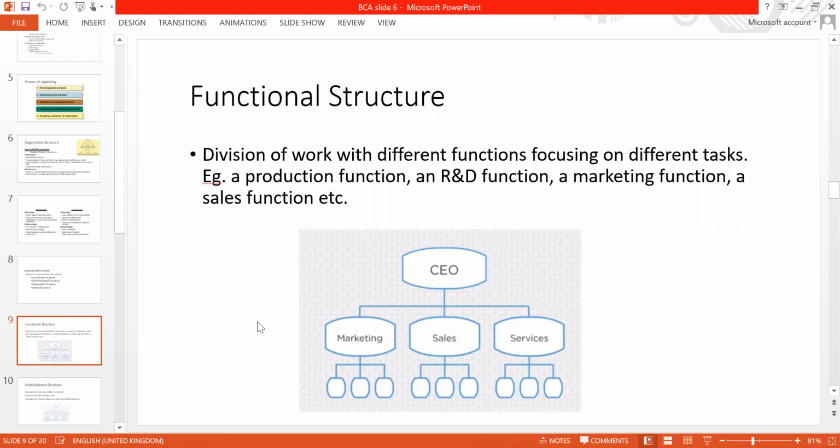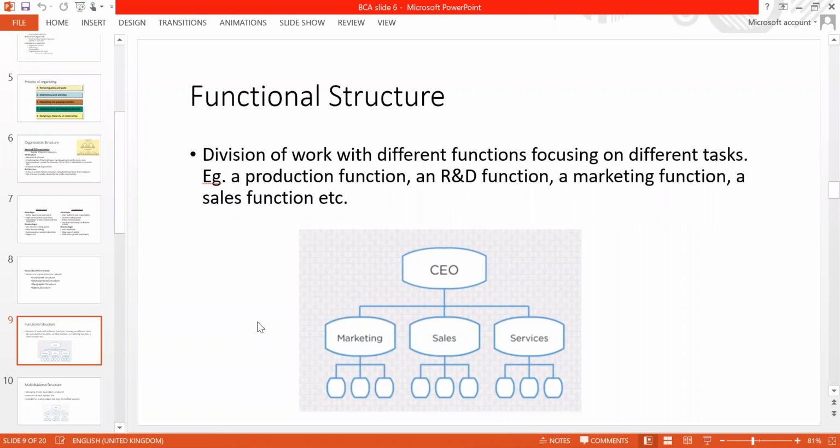For example, on the slide, there is one very specialized task called marketing, another specialized work that is sales, and another that is services. When you divide the work of the organization into these special tasks, we call it the functional structure. We divide the organizational task into different functions.